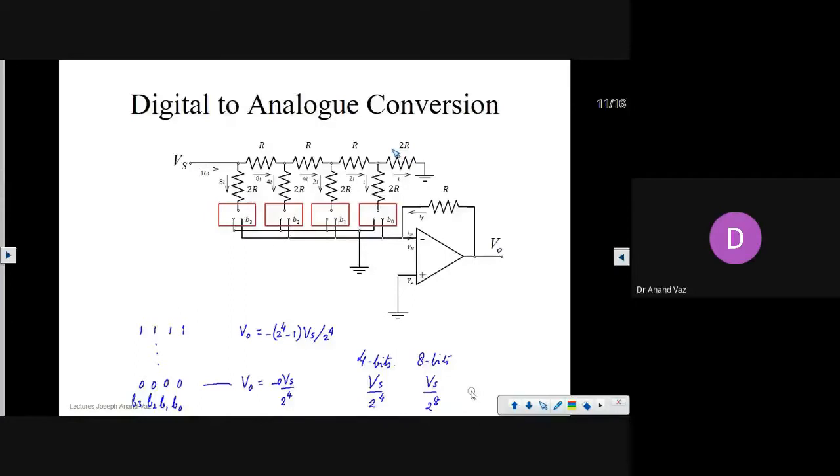Okay, so 256 different values starting from 0 to 255. Okay, that will be possible. If you have 12 bits, you can go from 0 to Vs divided by 2 raised to 12. That is 4096.